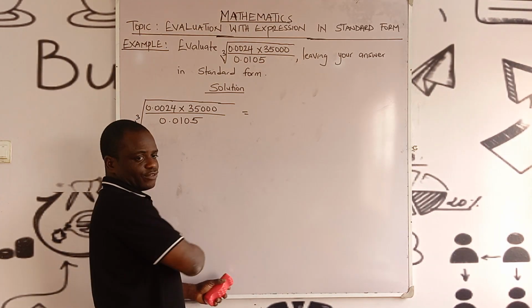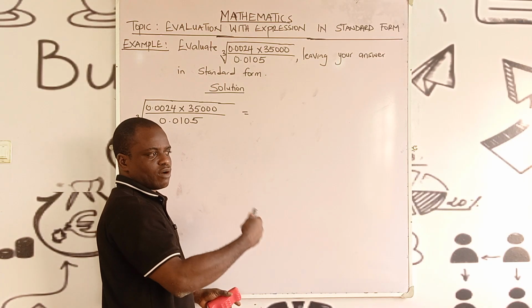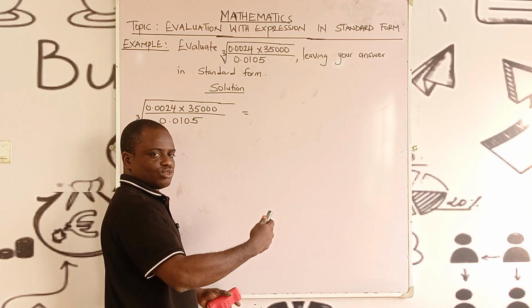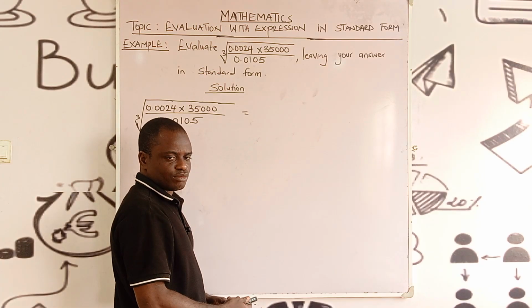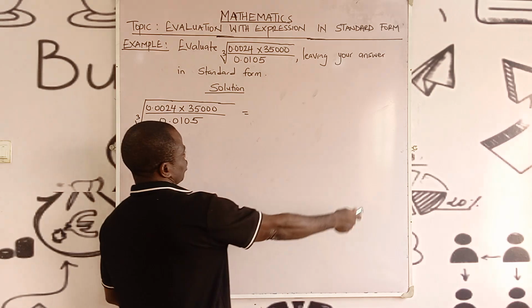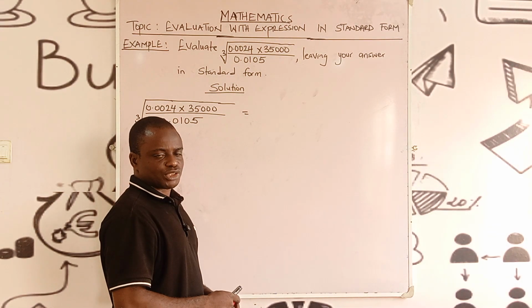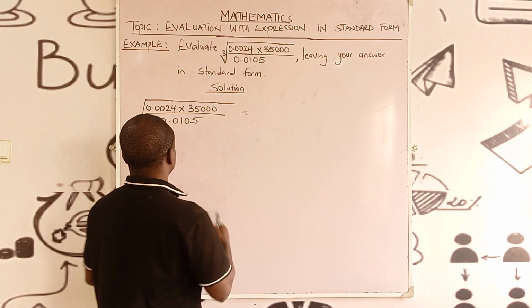When you are moving from left to right, the power will be in negative form. But when you are moving from right to left, the power will be in the positive form. I will show you what I'm trying to say.